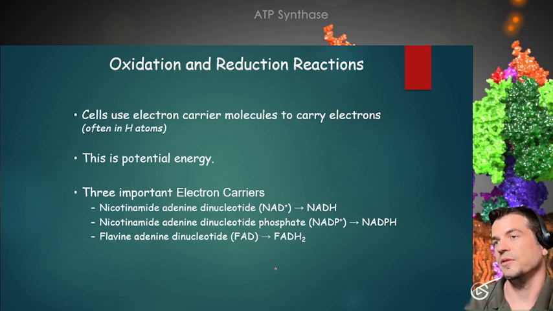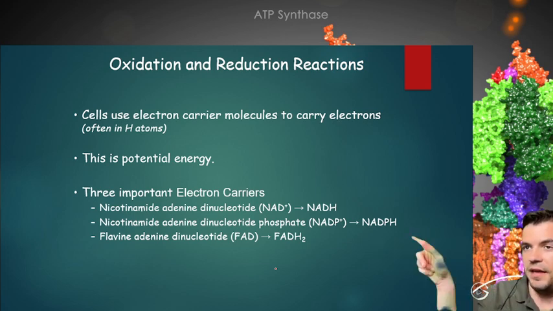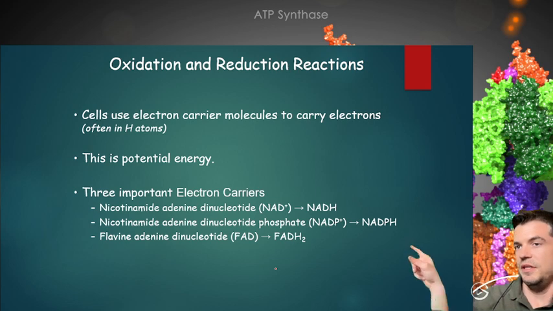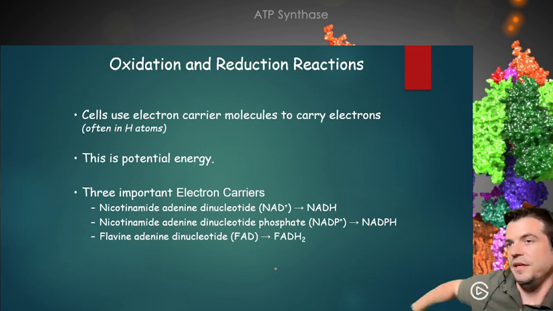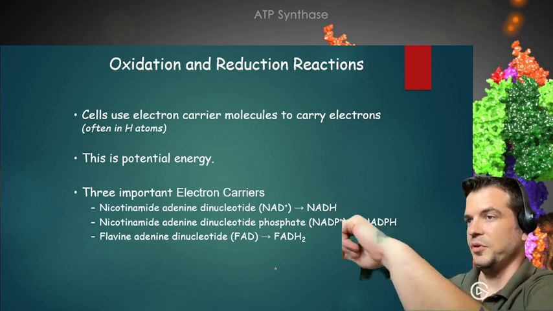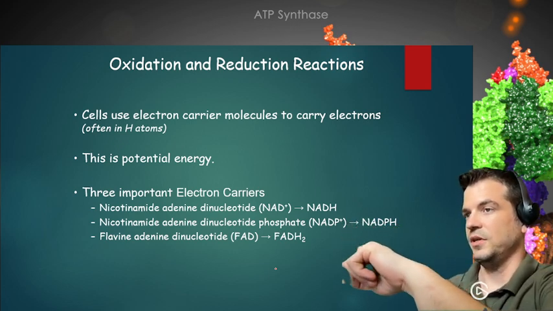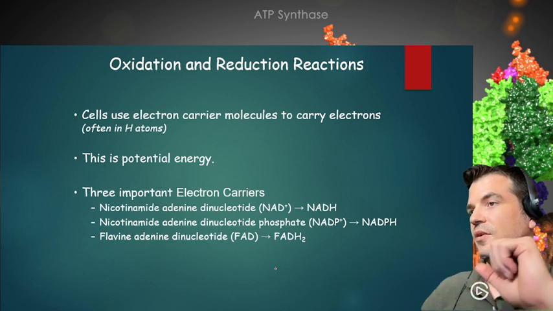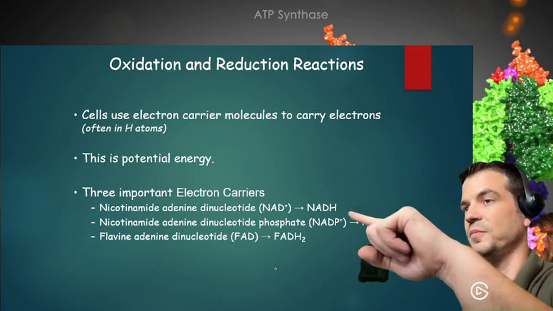We call them coenzymes, but here you can see that they are just electron carriers. And if you look, they have both the oxidized form on the left, and then the reduced form on the right.